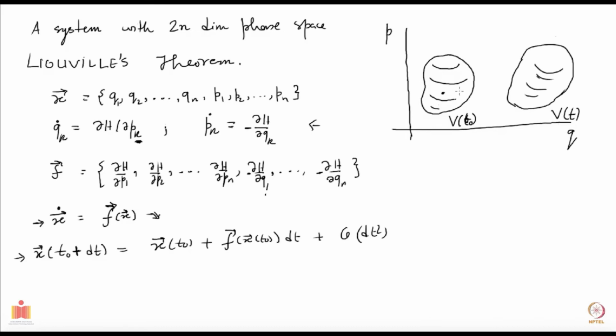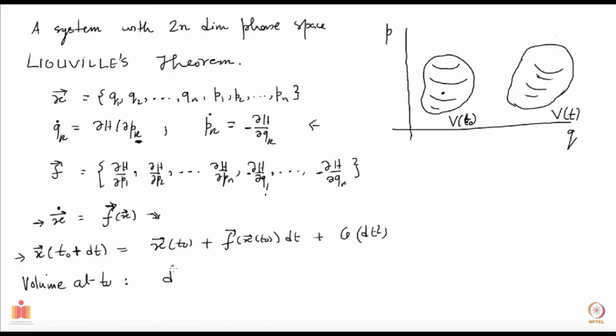Now before we are able to ask how the volume is going to change with time, I should first write down the expression of the volume and write down how volume changes. Okay, so the volume is the following. So let me write down here itself.